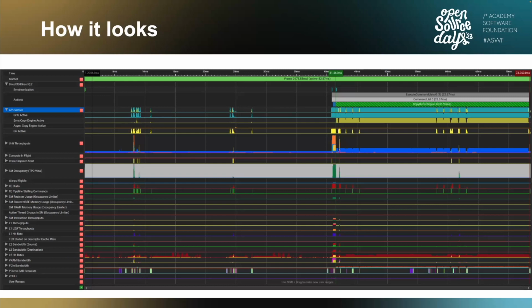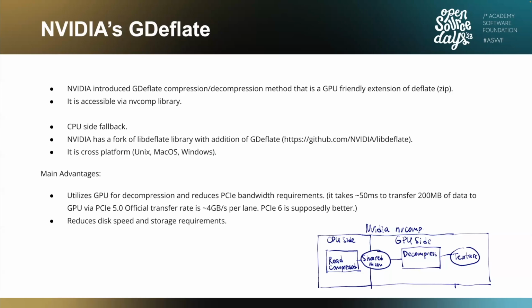Next slide, please. This is a short summary of the reasons why we looked into this, and now the solution. The first part is NVIDIA's GDeflate. GDeflate is NVIDIA's GPU-friendly compression and decompression algorithm. It can be done on the GPU, but also has a CPU fallback.